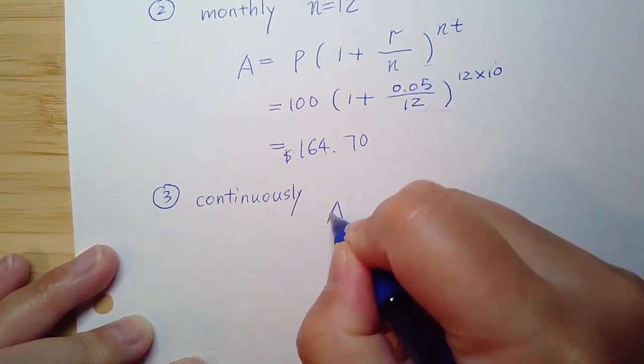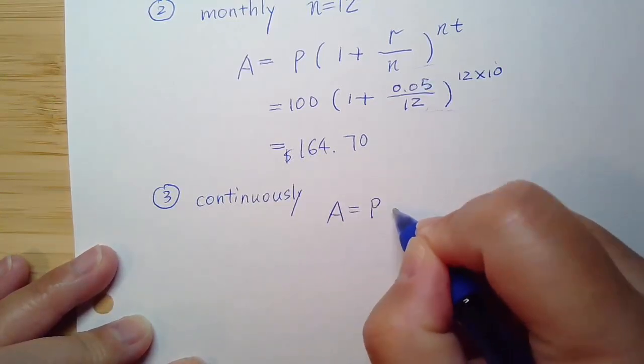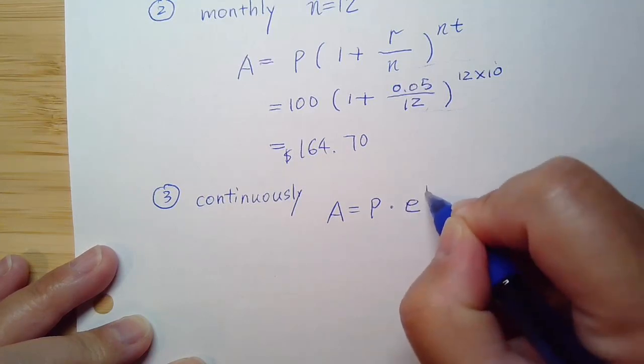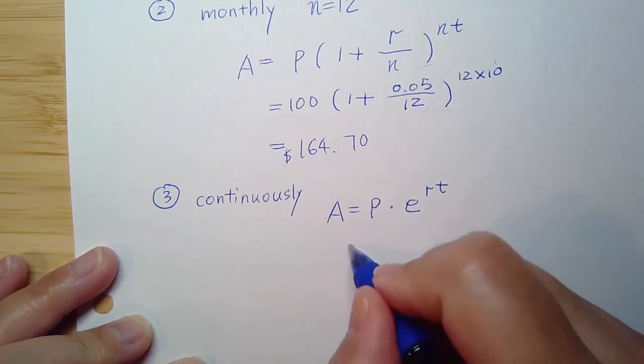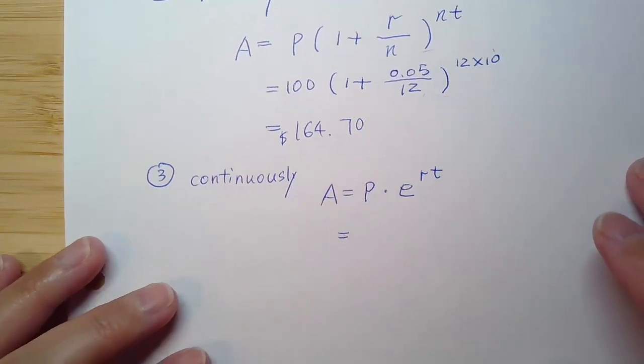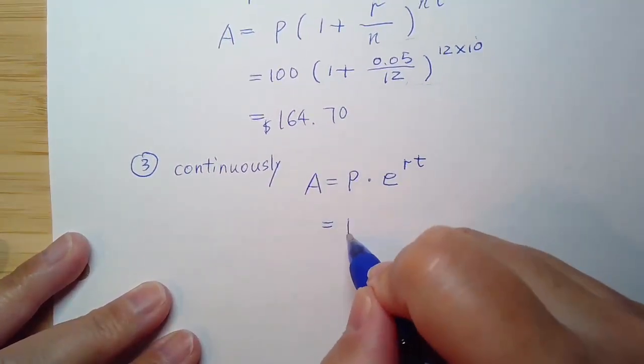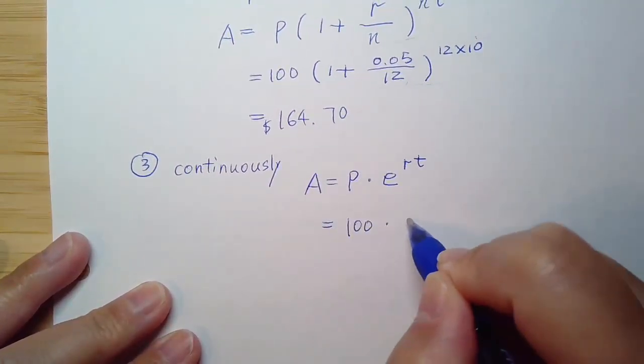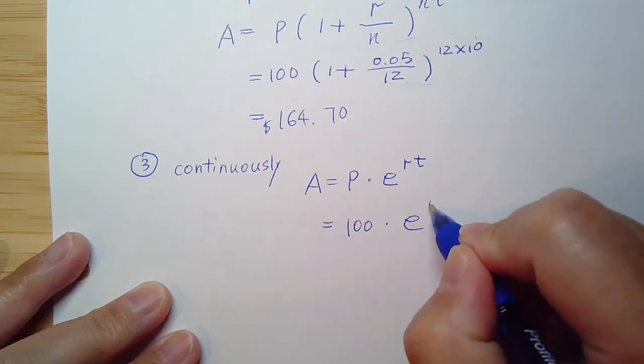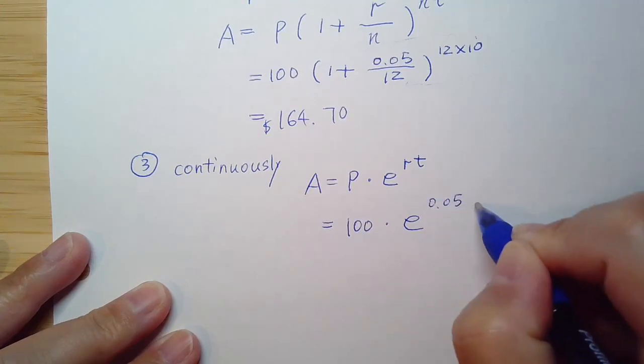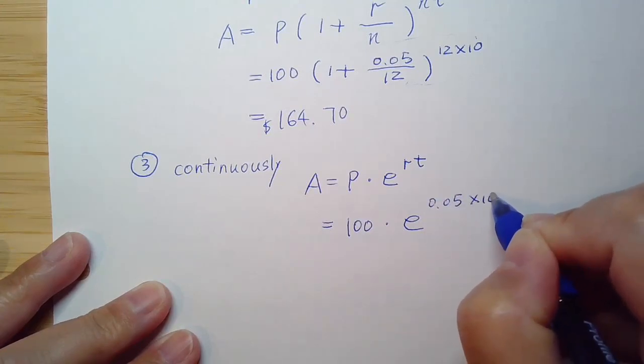So the formula is this. It's a very interesting one: A equals P times e to the power RT. All right, now we're going to use the same numbers we have. The principal is $100 times e, and R is 0.05, T is 10 years.